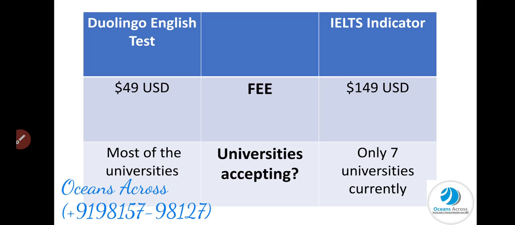And there's one more significant difference between these two tests. Duolingo is accepted by most of the universities all around the globe, but IELTS indicator is currently accepted by only 7 universities. Although we all know that in this pandemic it's going to increase in future, for the time being it's accepted by only 7 universities.